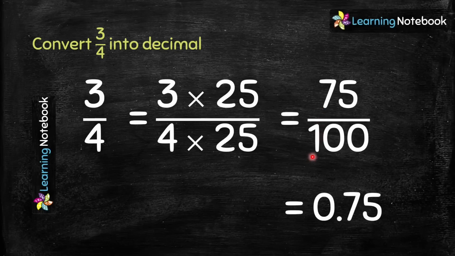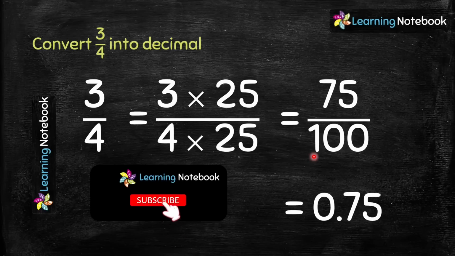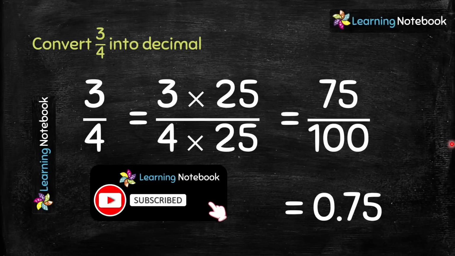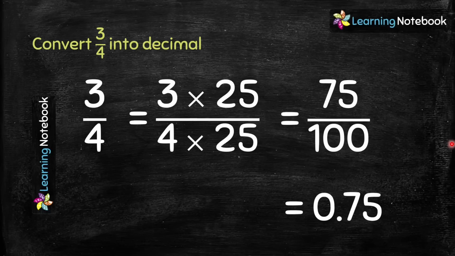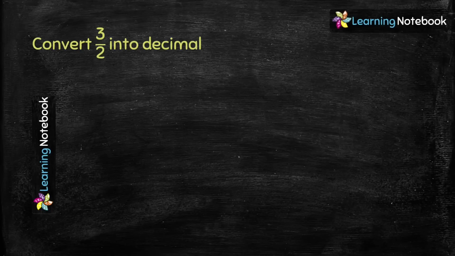And we get 0.75. So this is how we can convert a fraction into decimal number when denominator is not 10, 100 or 1000. Let's do one more question. Convert 3 by 2 into decimal.